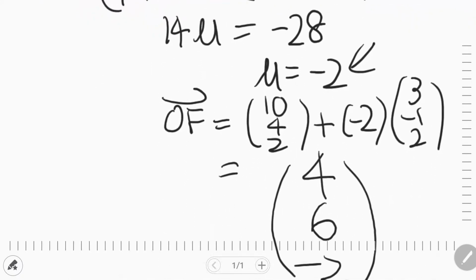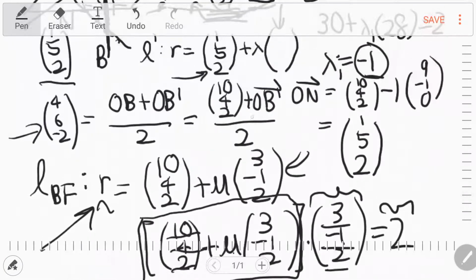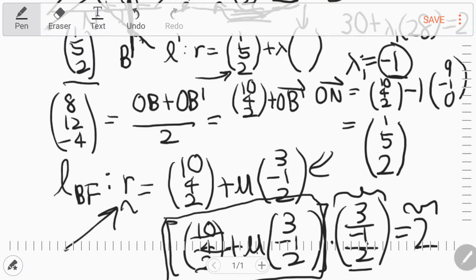Yep, 4, 6 and minus 2. Okay, good. So then to get my OB prime, from here I can tell that my OF equals half of OB prime plus OB, so I multiply the 2 to the other side and get 2 times 4, 6, minus 2. That will give me 8, 12 and minus 4.